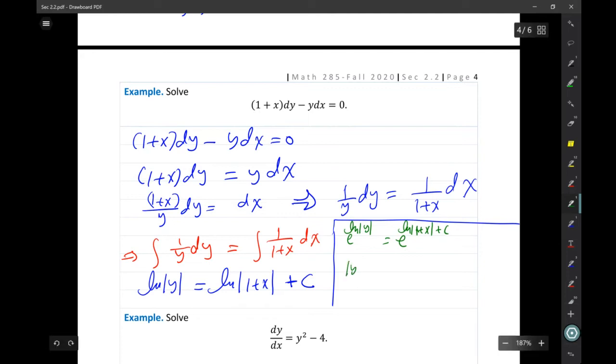E will cancel ln, becomes absolute y is equal absolute 1 plus x times e to the power c. E to the power c is again another constant. We can call it c1. So absolute y is equal a constant c1 times, e will cancel ln, absolute 1 plus x.